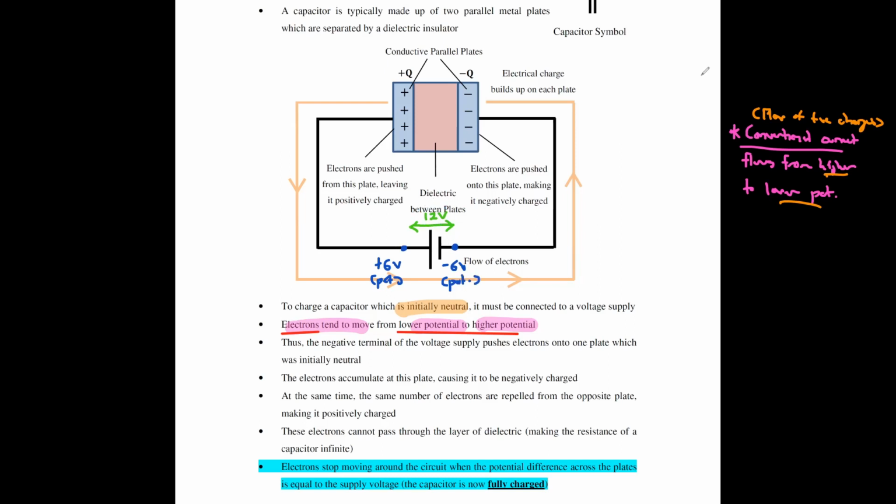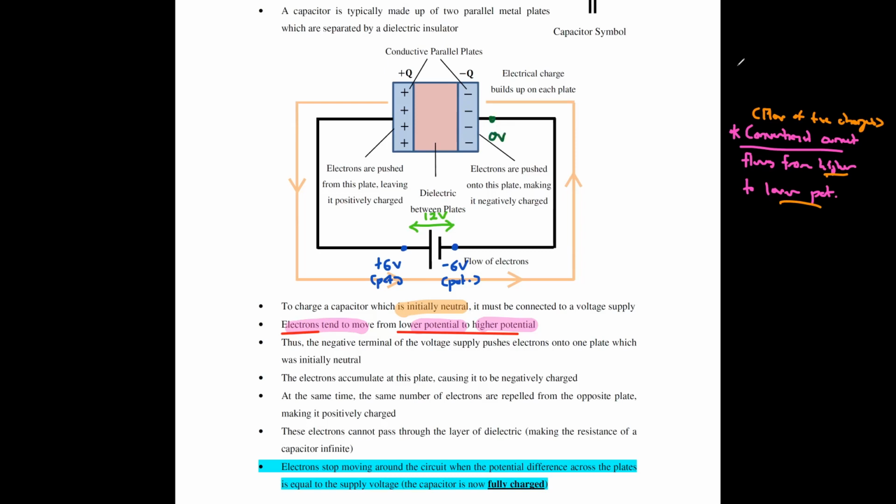Okay, so from there, you now look at your capacitor. Because your capacitor was initially neutral, meaning to say it carries no charge, there's no potential whatsoever, you could say that here on the right plate, it is actually at 0 volts potential.